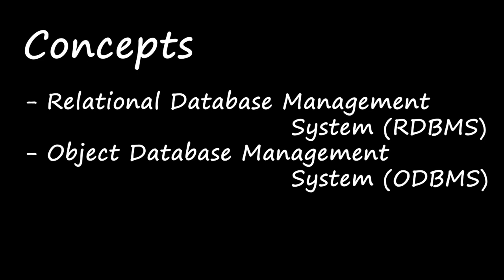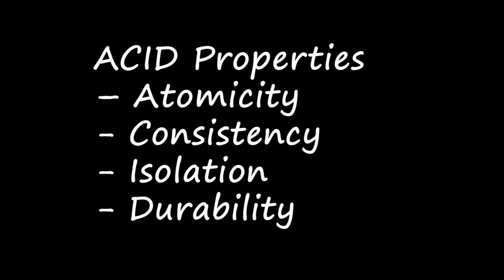The first one is ACID properties. Here we'll see the abbreviation: A for atomicity, C for consistency, I for isolation, and D for durability. So it is ACID: atomicity, consistency, isolation, and durability.